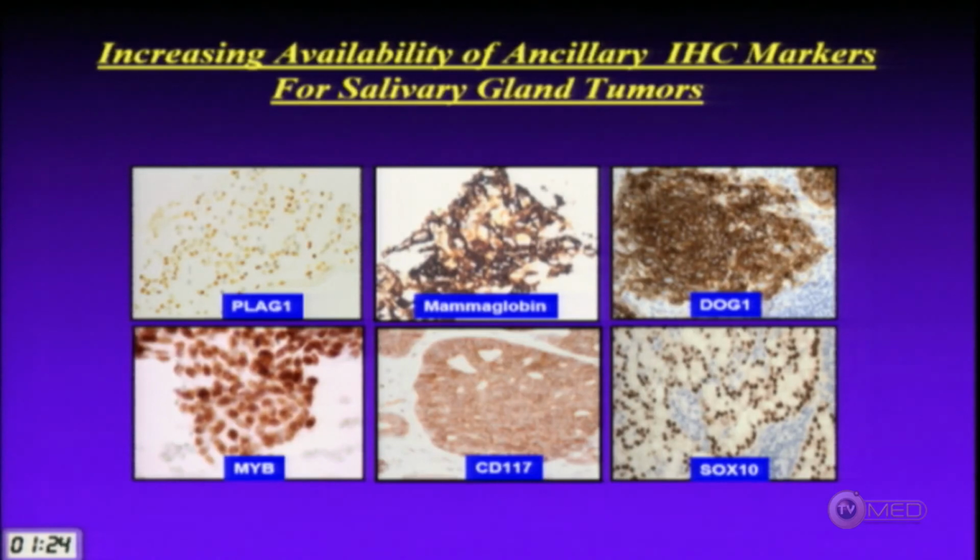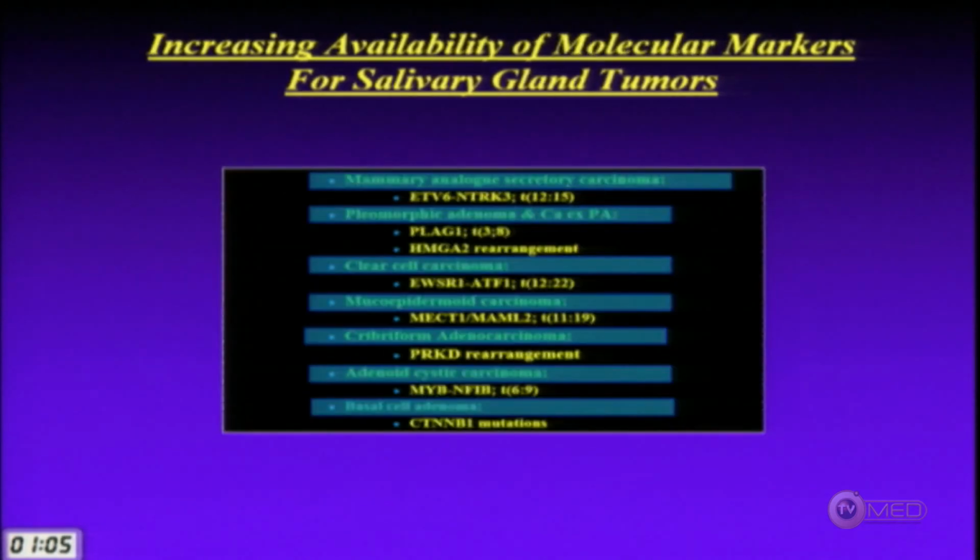This is just to show you some of the immunochemical stains, for example, for pleomorphic adenoma, PLAG1, mammaglobin for secretory carcinoma, DOG1 and SOX10 for acinic cell, CD117 and MIB for adenoid cystic carcinoma. Again, we'll be hearing more about that.